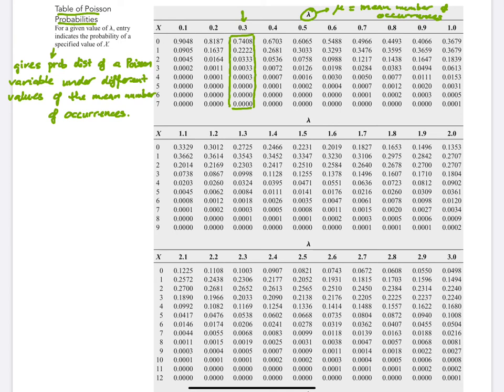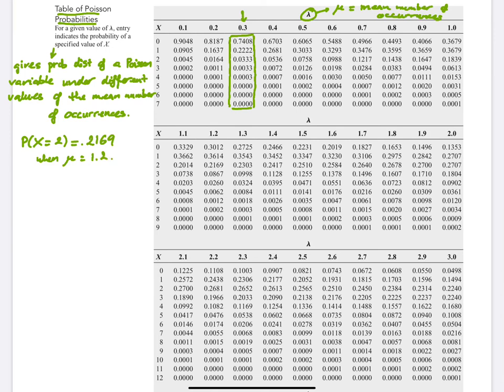What we just did was, we know that the probability that x is equal to 2 is 0.2169 when mu is equal to 1.2.